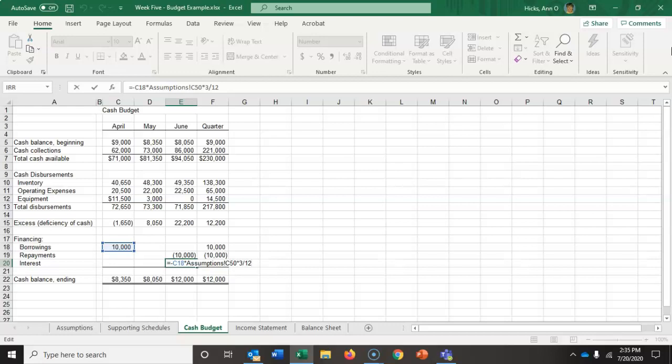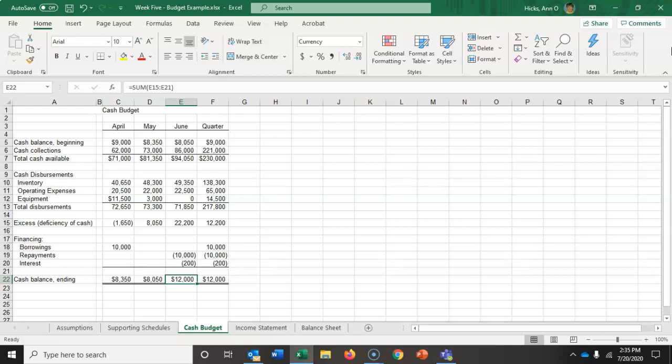So the interest calculation is that 8% interest times the $10,000 we borrowed. Remember, interest rates are annual, so we would prorate that for 3 out of 12 months. And that's $200 in interest, leaving us with $12,000 in cash at the end of the quarter.